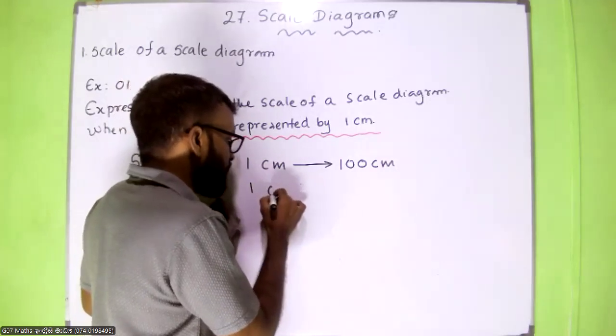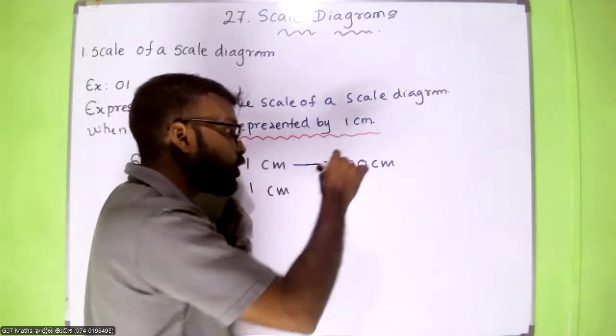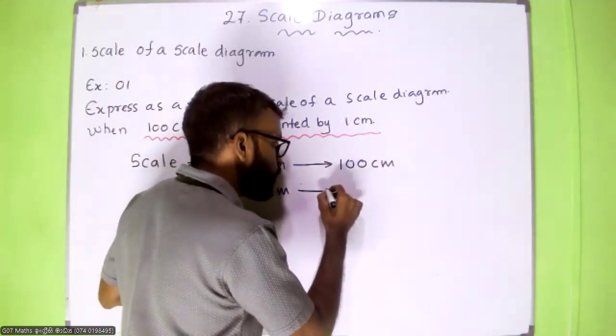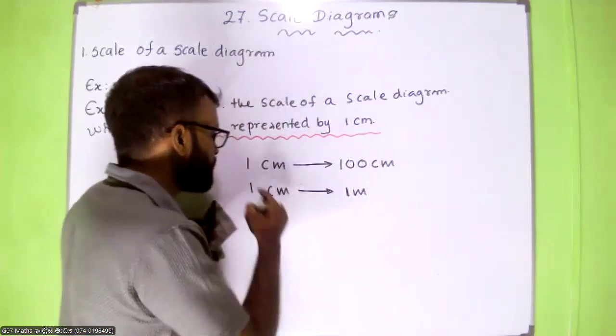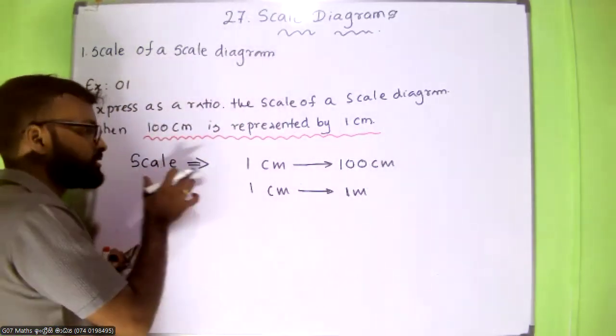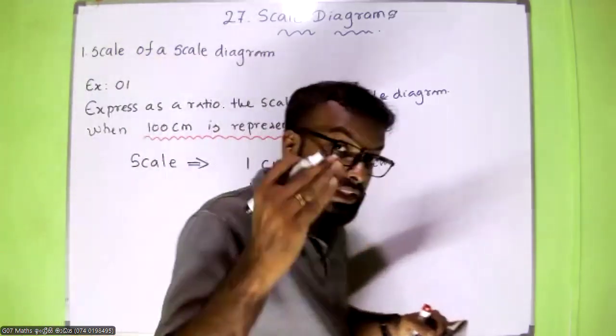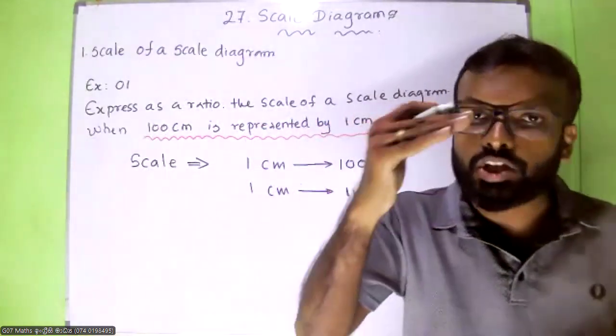By using 1 centimeter, we are going to represent a total of 1 meter. So this is the scale. How do we write this as a ratio?